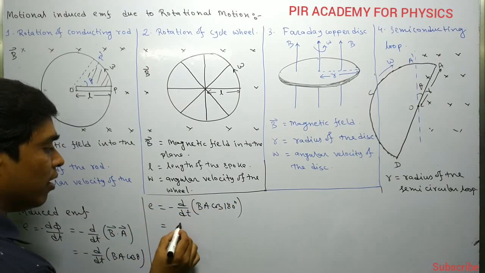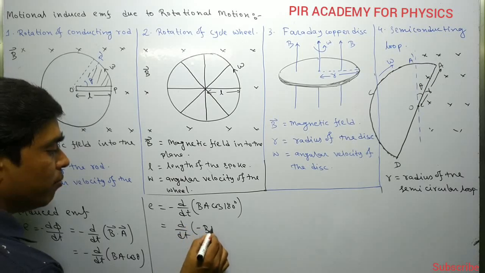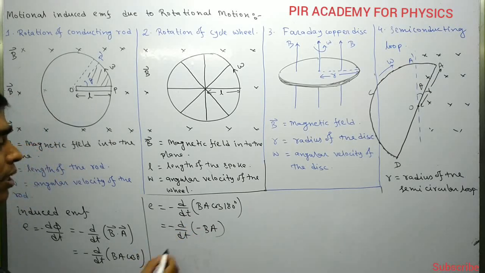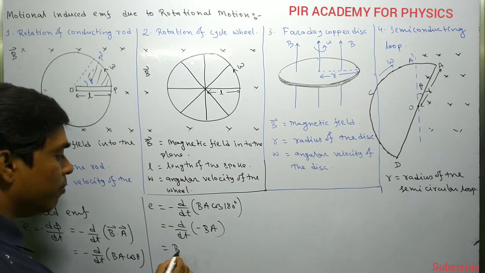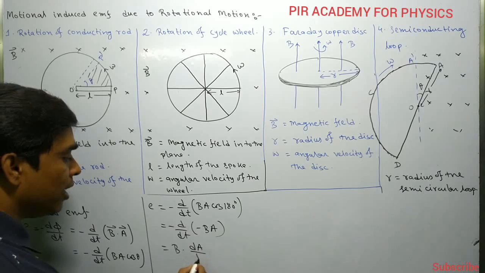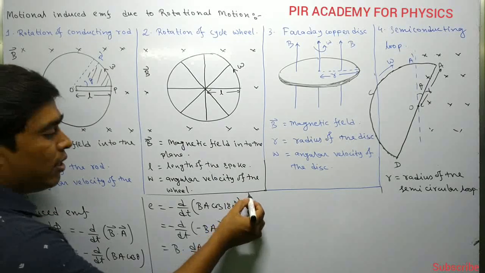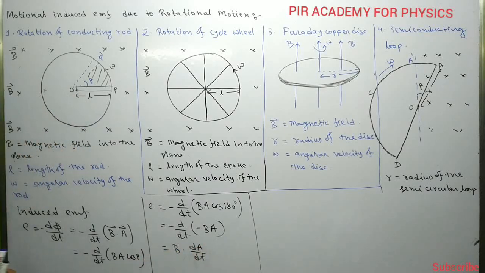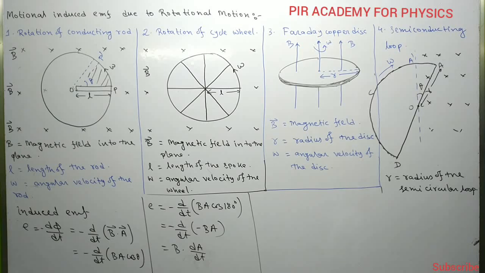That means d by dt of minus B A, the minus signs cancel out, then B is constant, so E equals B dA by dt. You have to calculate the change of area swept by this conducting rod.